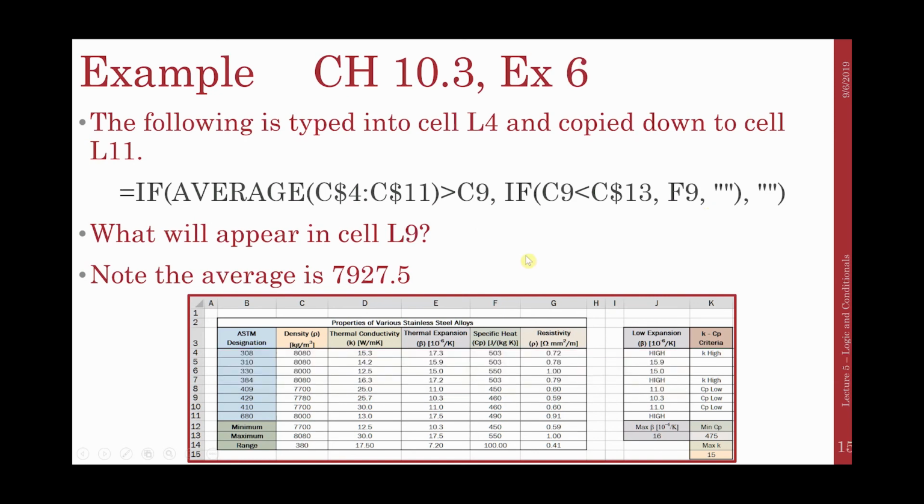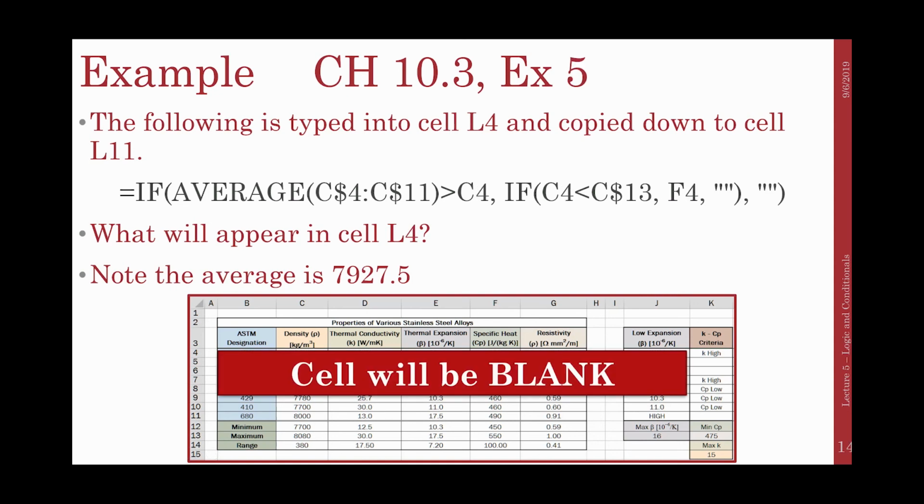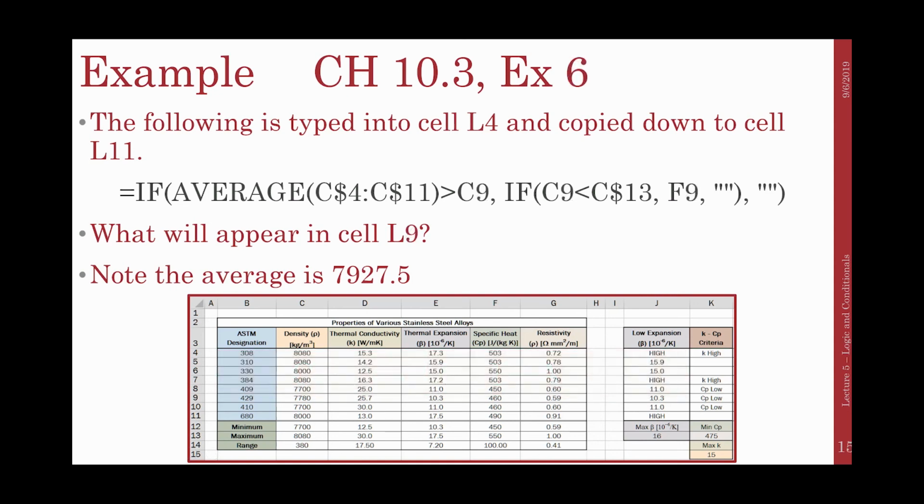If I then drag this over, if I then modify this, because I was in cell L4, I'm now going to cell L9. I'm trying to see if the value of my average is greater than cell C9.